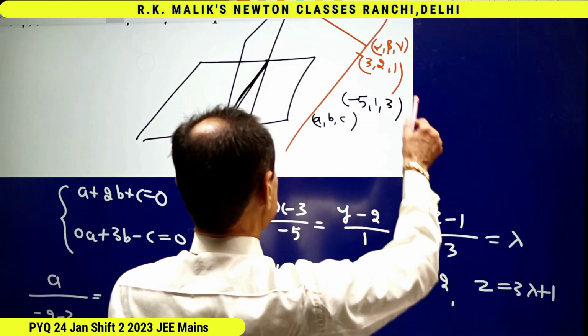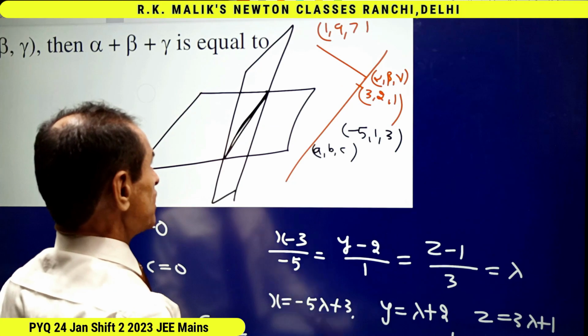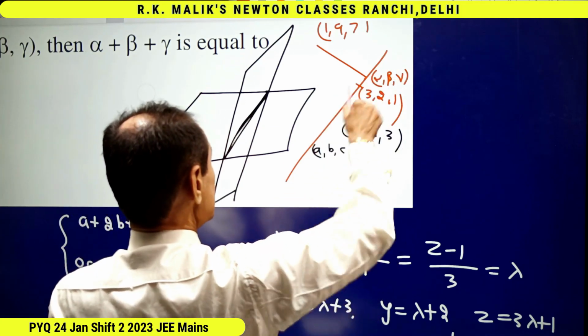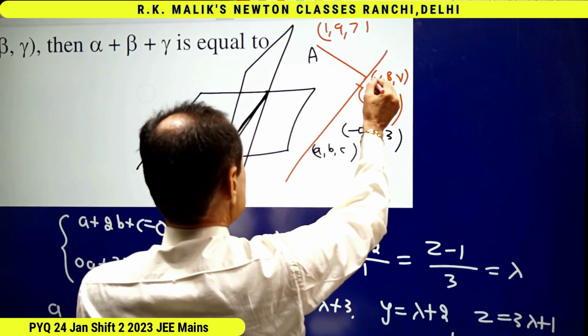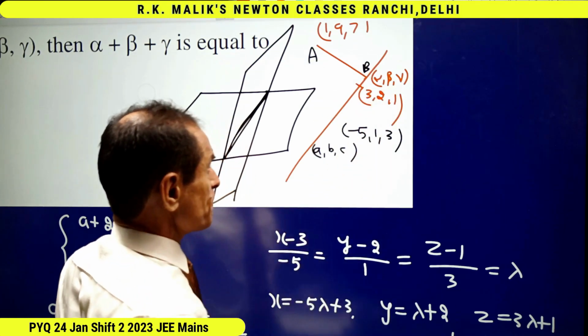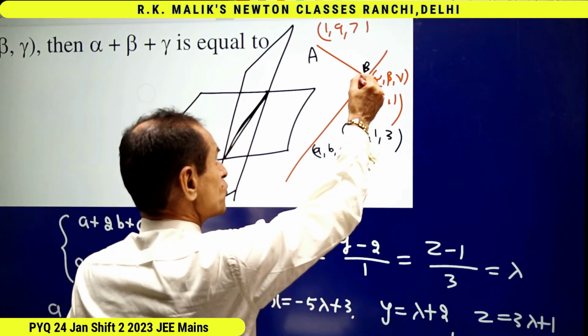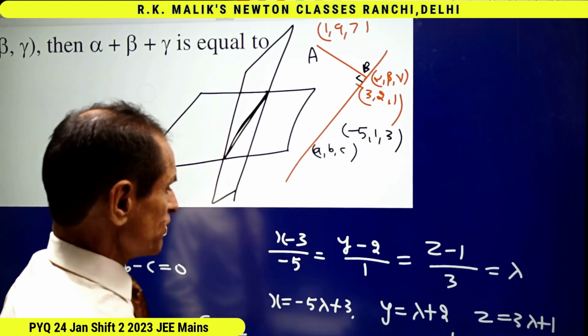If these are the coordinates of this point, and we know that this line and this line are perpendicular, let us name this point A and this B, which is the foot of perpendicular.